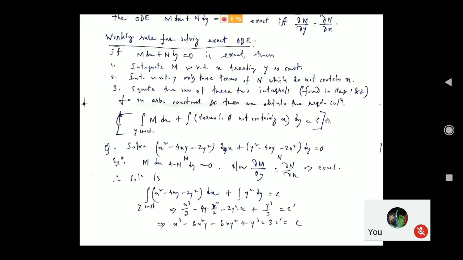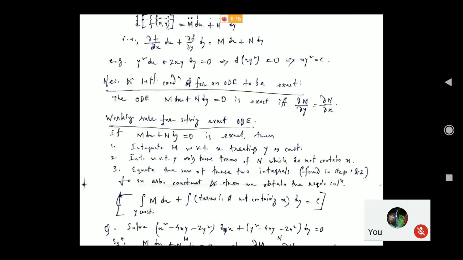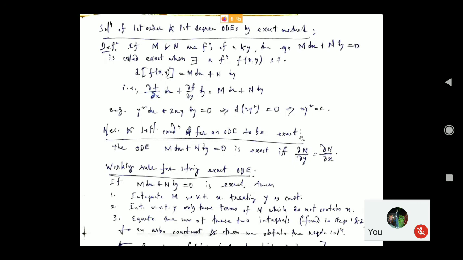Simple, it's written here. Integrate m with respect to x by keeping y constant, then integrate terms in n not containing x, equal to an arbitrary constant, and then we arrive at a solution. So this is called the exact method of solving first order ordinary differential equations.